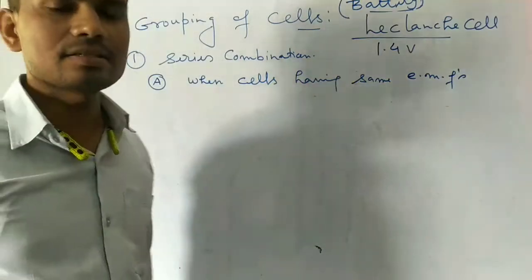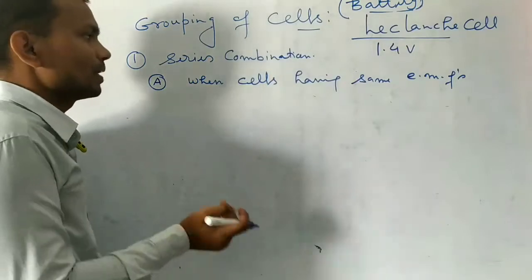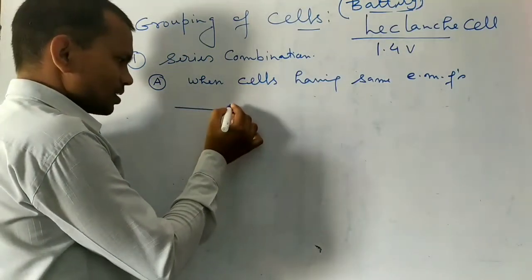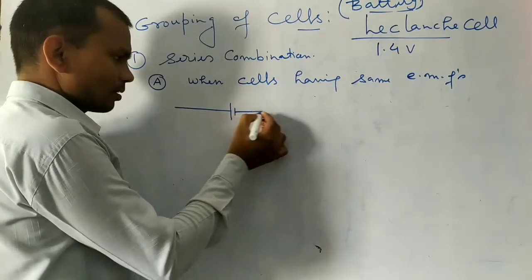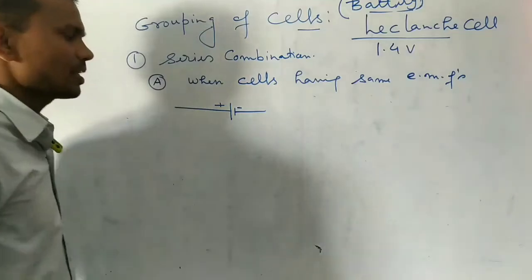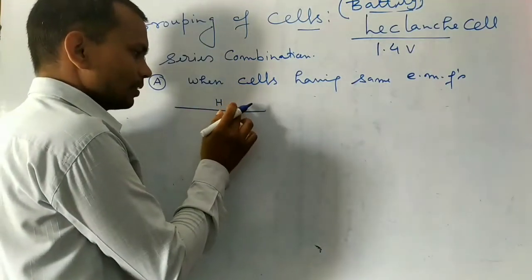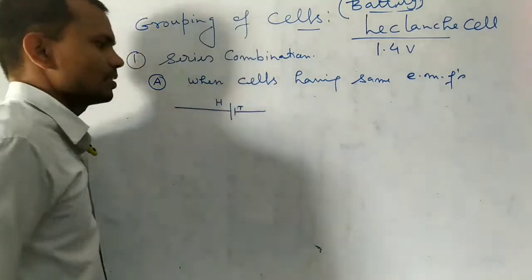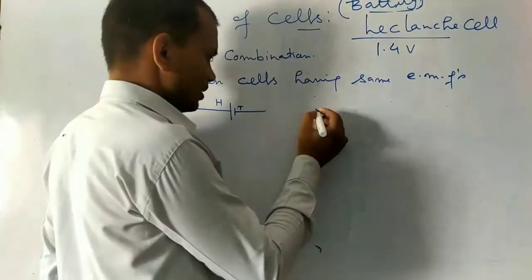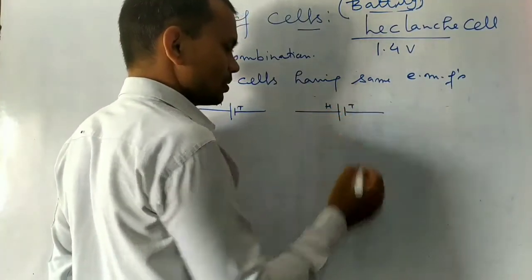Now first of all we are going to know what series combination, or grouping of cells in series, is. You know the representation of a cell: this side is the higher potential, the head, and the other is the lower potential, the tail. If you take another cell, this is its head and then its tail.